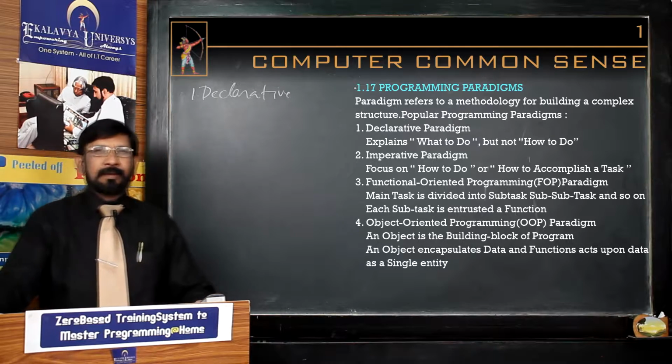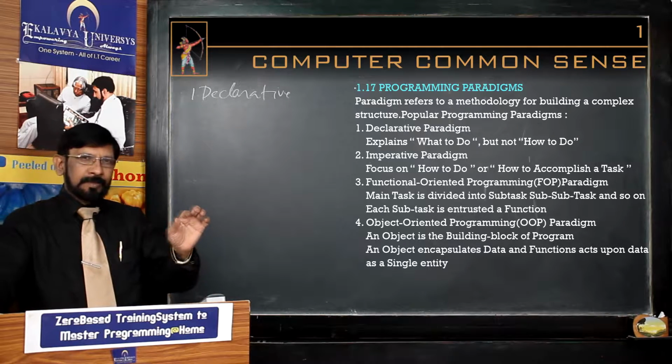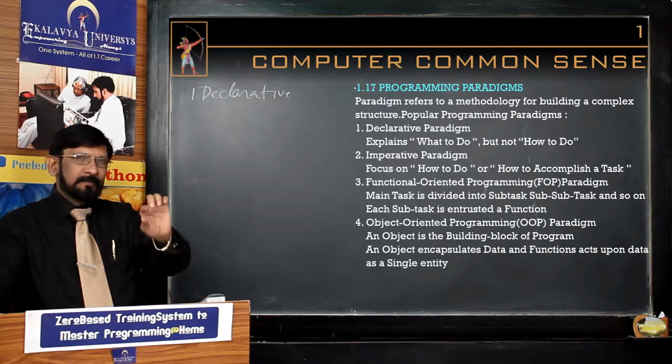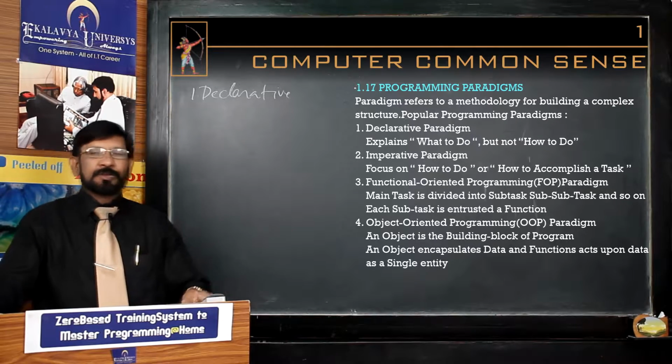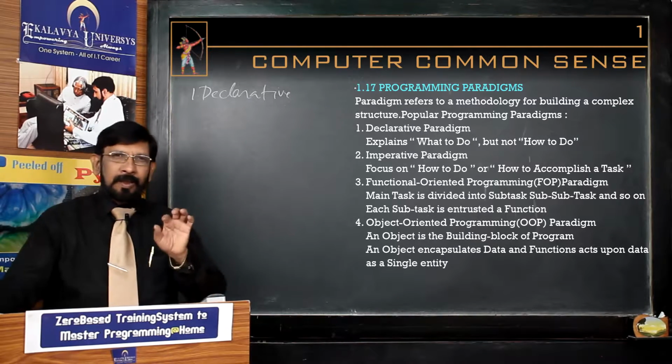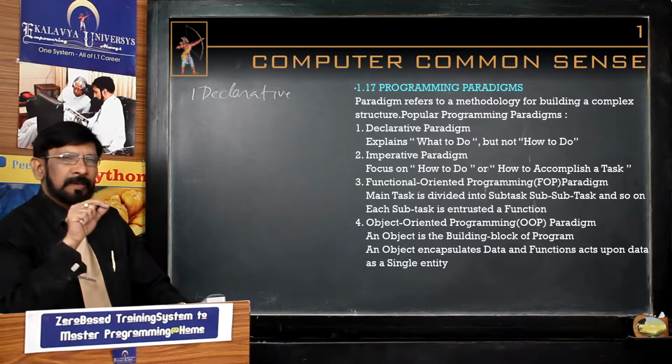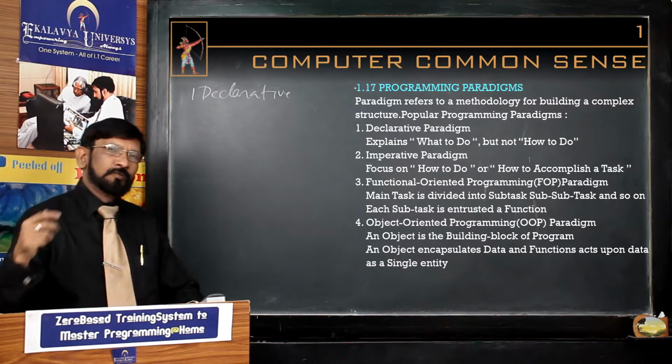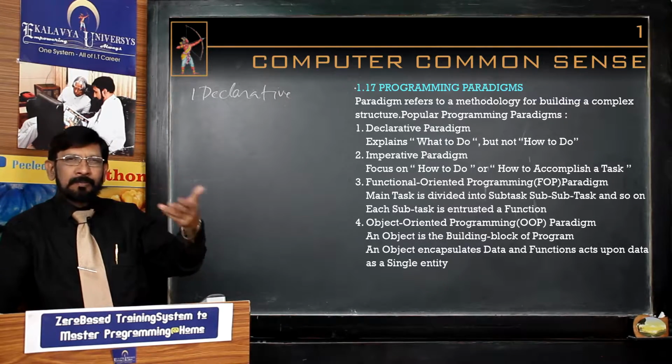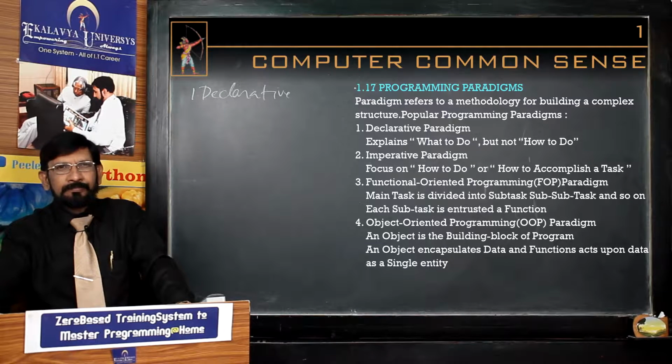If you analyze that, one paradigm is developed if it is more advanced than the existing one. It plugs the loopholes of the earlier paradigm and adds some new features which are compatible with the advancement of technology.